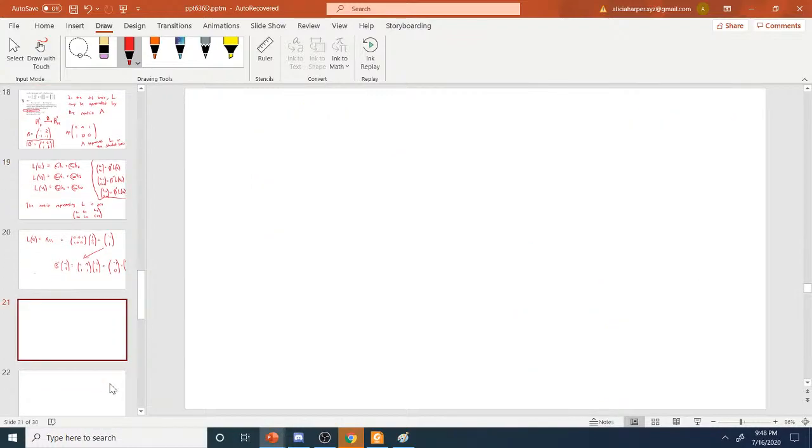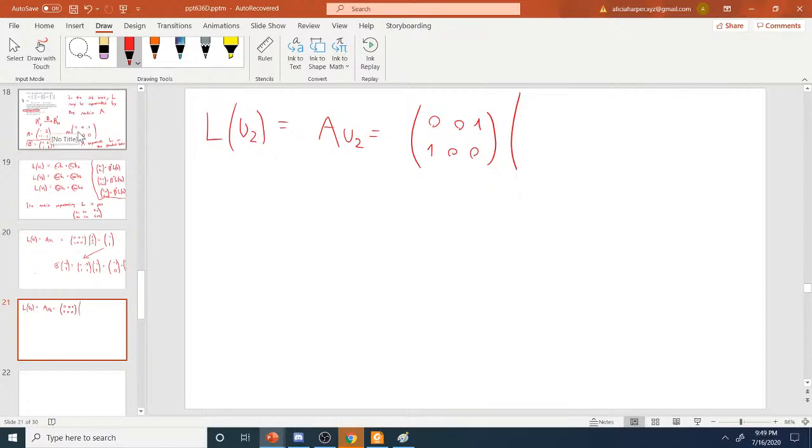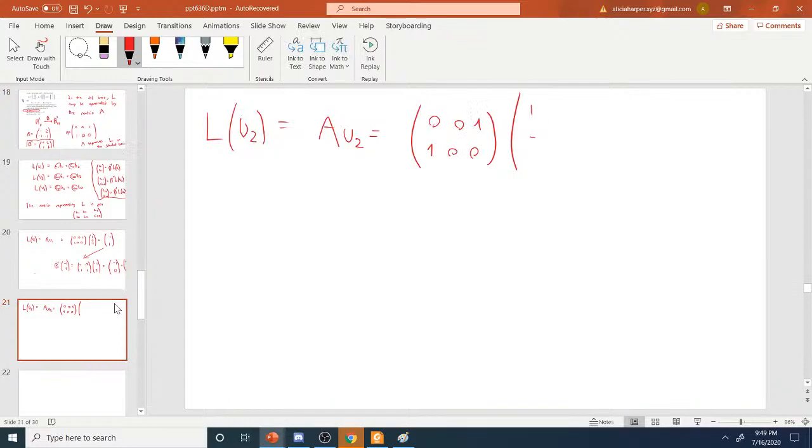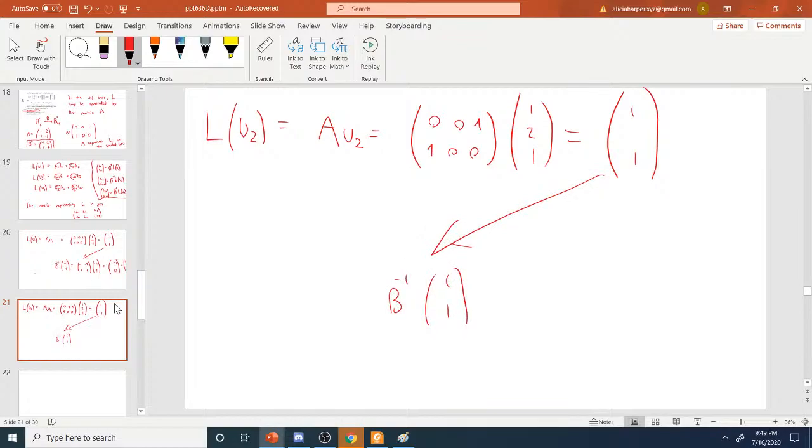Let's do the second column. L of U2 is equal to A of U2. So 0, 0, 1, 1, 0, 0, multiplied by 1, 2, 1. And so this is just 1, 1. And now I have to take 1, 1 and multiply it by B inverse.